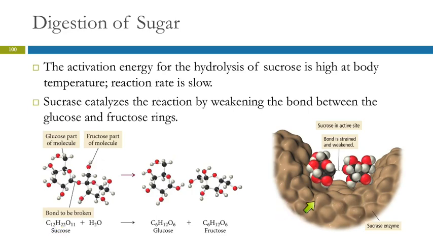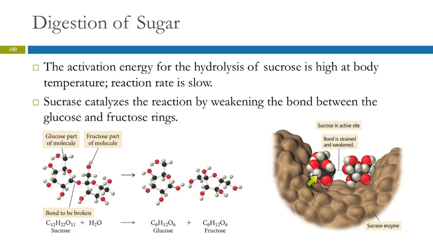So our enzyme is called sucrase, and enzymes are often named relative to the thing that they catalyze, relative to the substrate. So this catalyzes the reaction of sucrose, and so it's called sucrase. So a lot of enzymes will have ASE as their suffix. So the sucrose bonds to the enzyme. The enzyme has oxygens and hydrogens here that will hydrogen bond with the sucrose molecule.